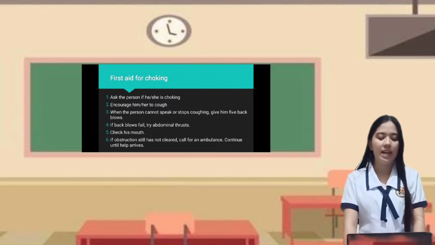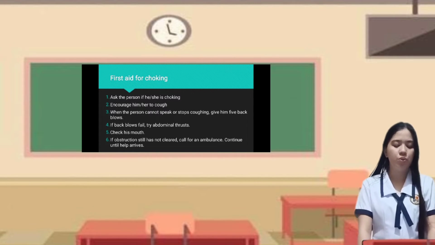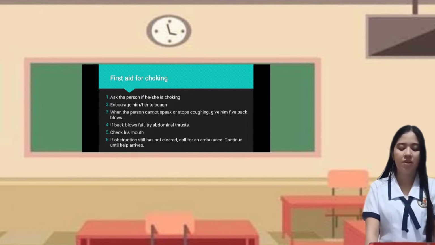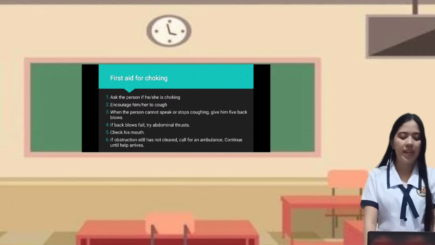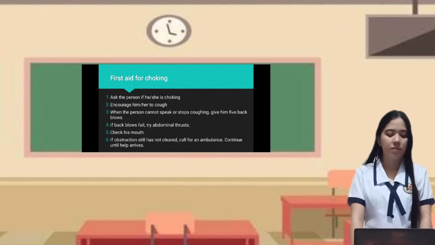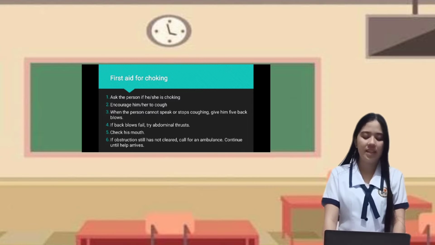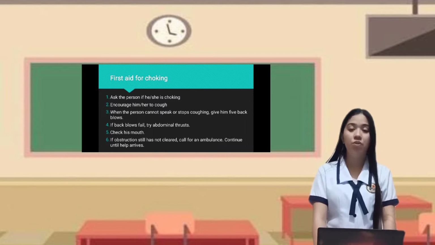Number 1, ask the person if he or she is choking. 2, encourage the person to cough. 3, when the person cannot speak or stop coughing, give 5 back blows. 4, if back blows fail, try abdominal thrusts. 5, check his mouth. 6, if the obstruction still has not cleared, call for an ambulance and continue until help arrives.